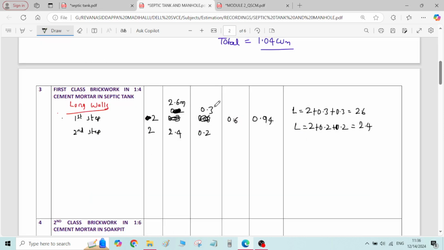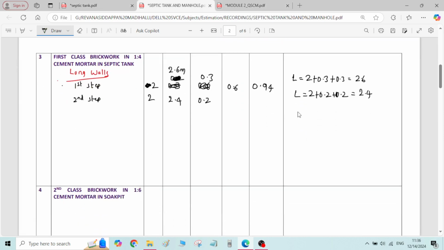Let me write the same calculation here. Height of the second step, h is equal to 0.3 plus 1.4 plus 0.05 minus height of the first step, it is 0.6.